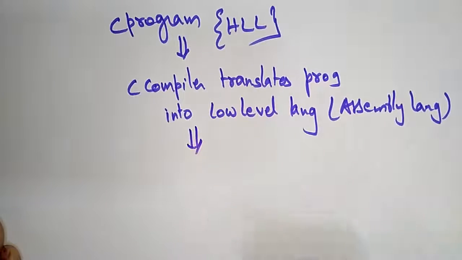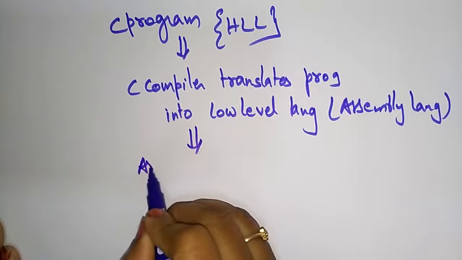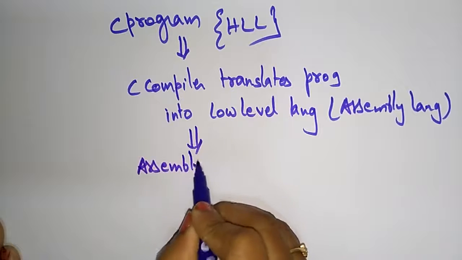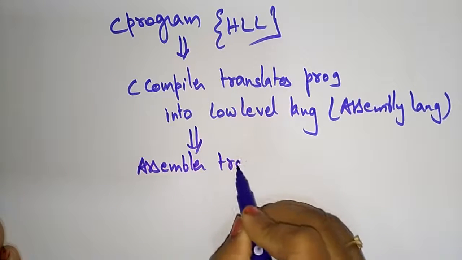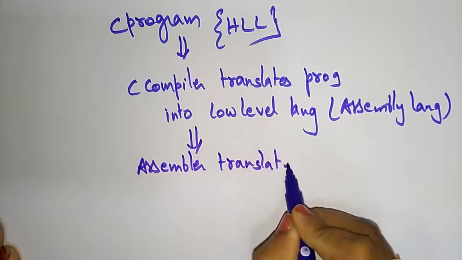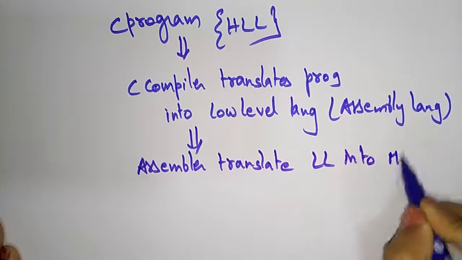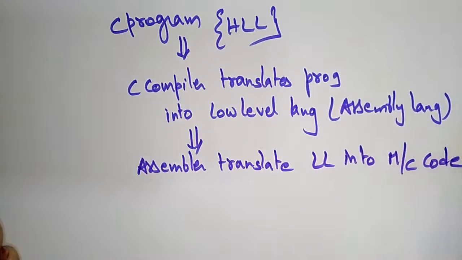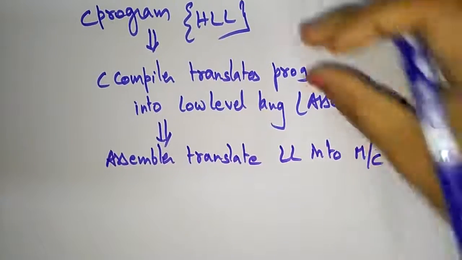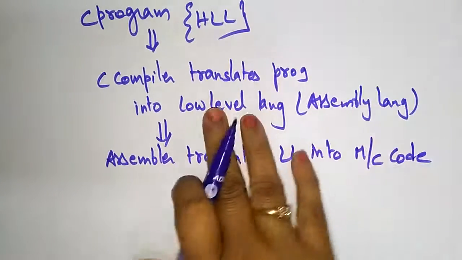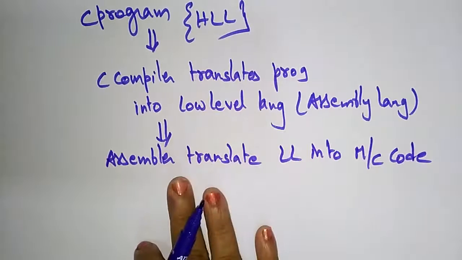Who will convert this low level language to machine code? The assembler. The assembler translates low level language into machine code, that is the object code. Whatever C program you write is first compiled, then assembled.